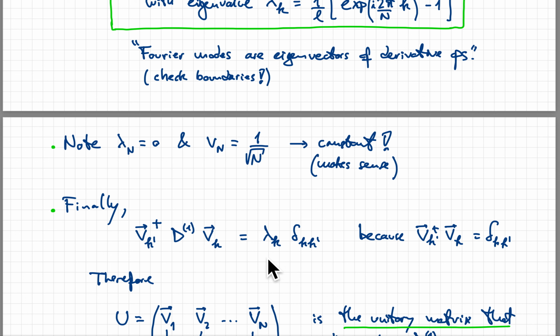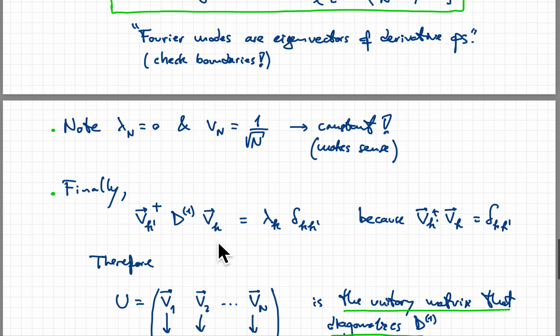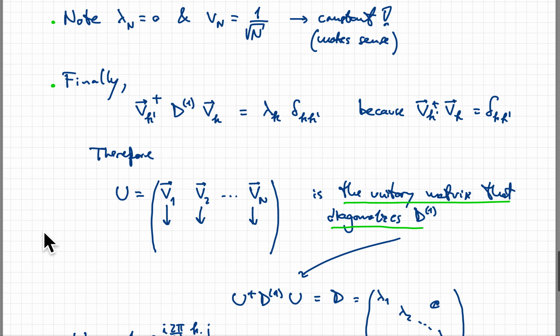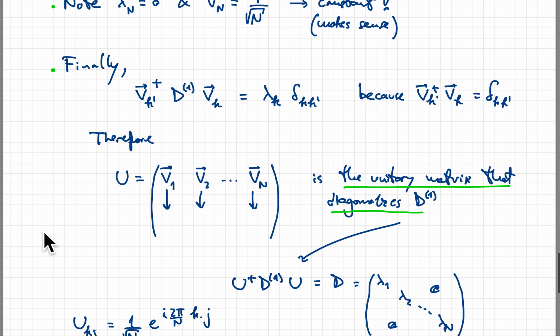So if you haven't watched those, you should go and check them out. The point is, we will get lambda k times delta kk prime. In other words, we've managed to find the eigenvectors of our differential operator, and so when you sandwich your differential operator between two such eigenvectors, you obtain lambda k delta kk prime, which is the diagonal form of the matrix of the operator d1.